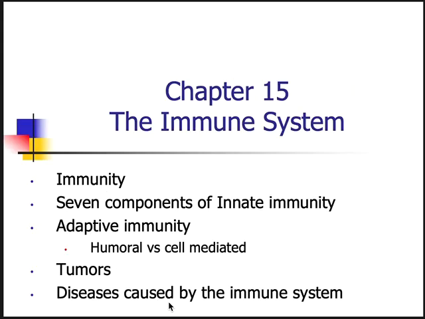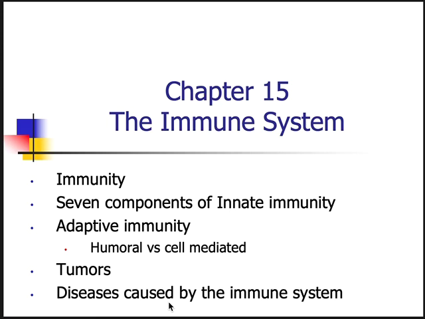Okay, so chapter 15, the immune system, yay! So we're going to talk about what is immunity. The two branches of immunity are innate and adaptive. We're going to spend this first part of the lecture just on innate immunity.